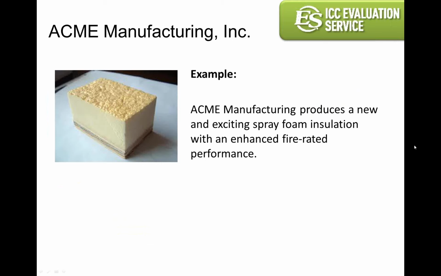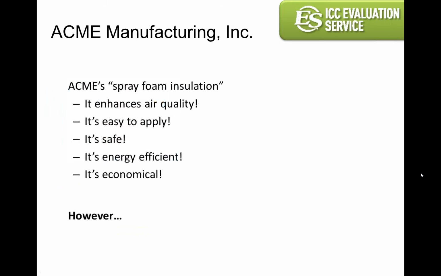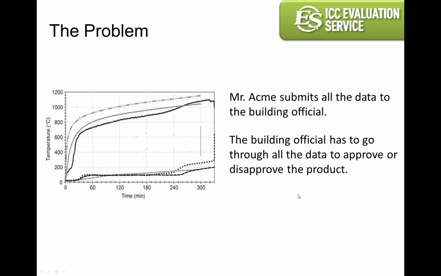This new foam insulation, and how do we get that? Basically, say we have a manufacturer who comes out, and in this case, for example, the Acme company decides to come out with a new spray foam insulation product with an enhanced fire rating.